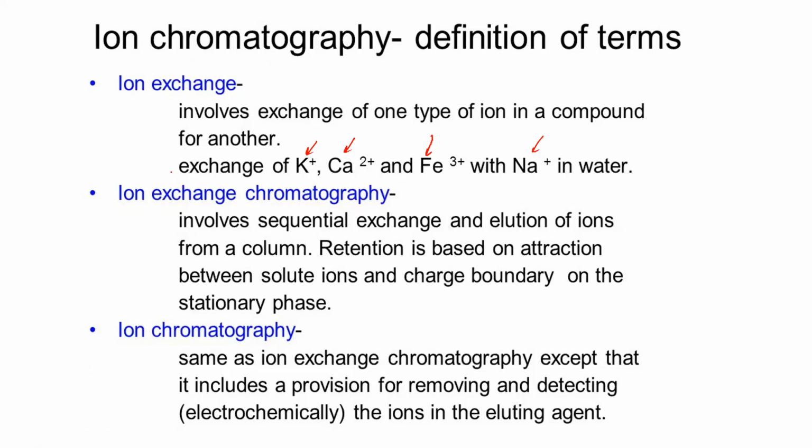Again, like any other column, ion exchange chromatography also has a stationary phase and a mobile phase. The stationary phase is a solid support and the mobile phase is liquid.